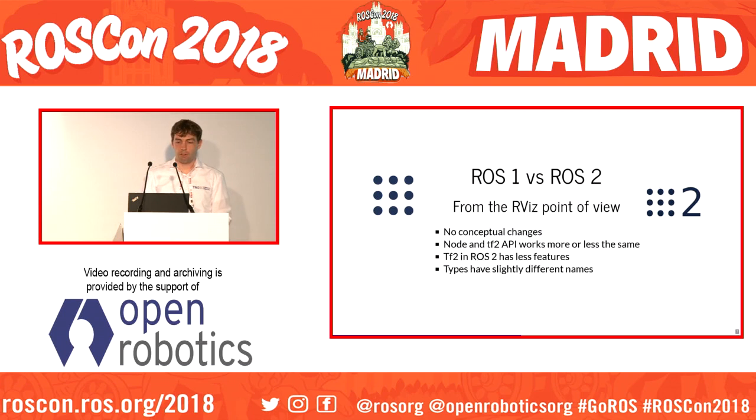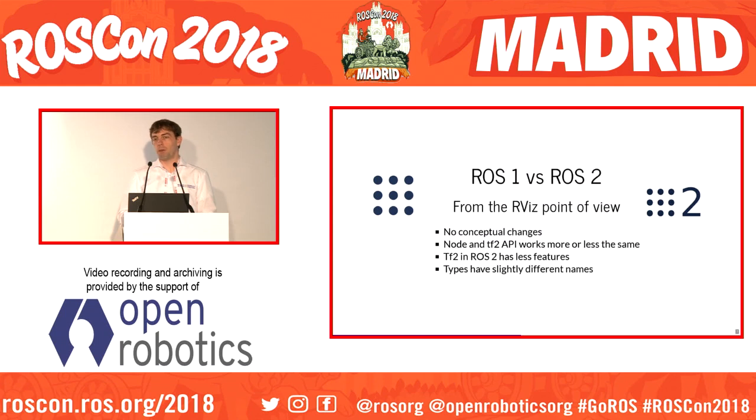It turned out that from a semantic point of view, the differences are not that big. There are some minor syntactical changes, which are easy enough to deal with, and with the support of William, that was easy for us. Some of the types have different names, but that's also easy to adapt.